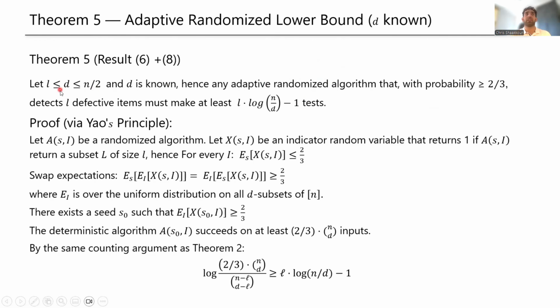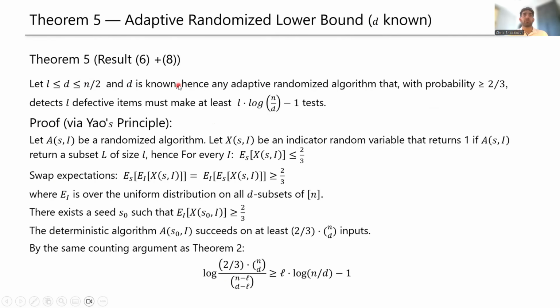So we let D be greater than L and smaller than N divided by 2, which is half of the group, and D is known. Hence, any adaptive randomized algorithm that with probability greater than 2/3 detects L defective items must make at least L times log N divided by D minus 1 tests.